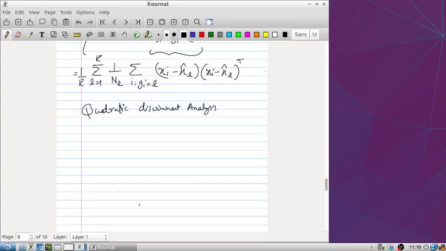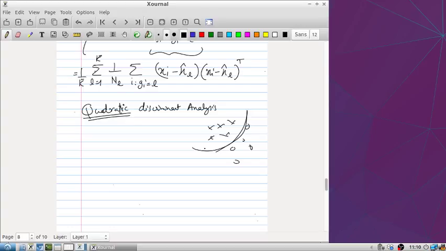The reason it's called quadratic is that it's going to lead to quadratic decision boundaries, as in things which look like parabolas. So maybe if there are two classes here, the decision boundary will look like this, instead of linear.